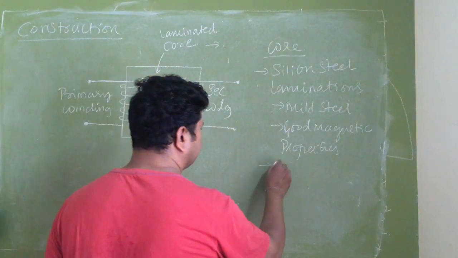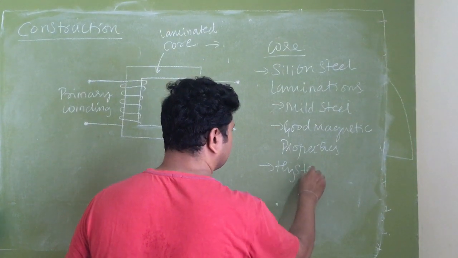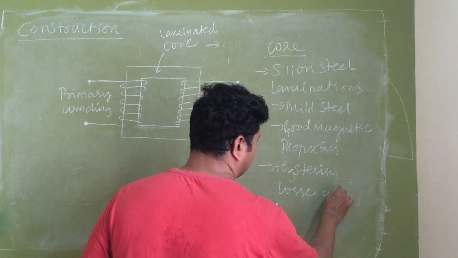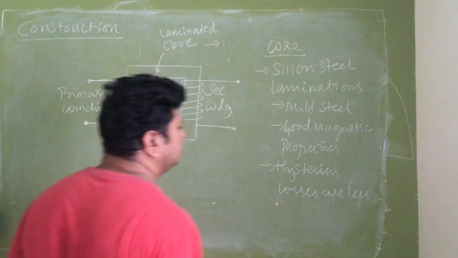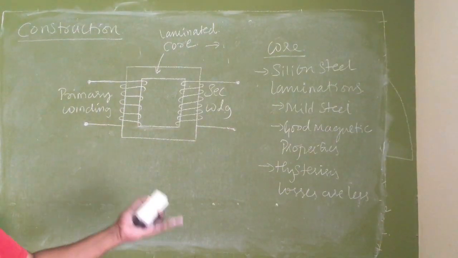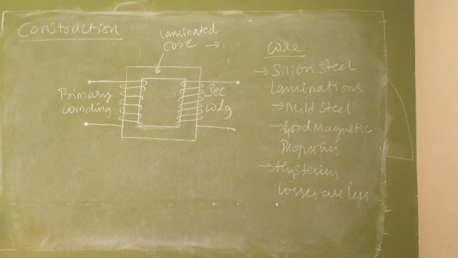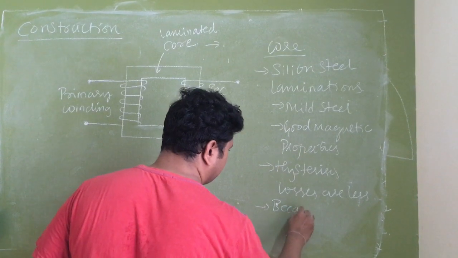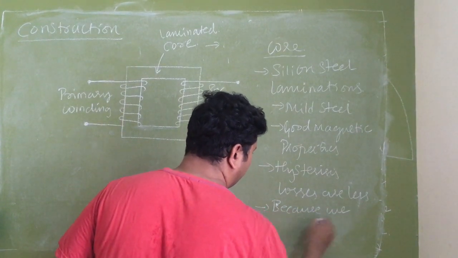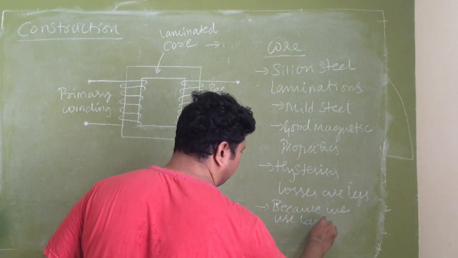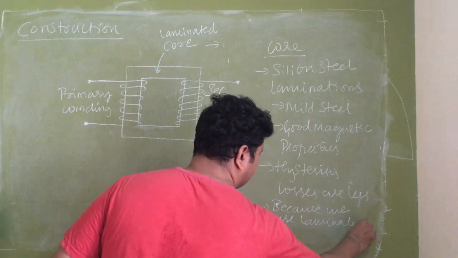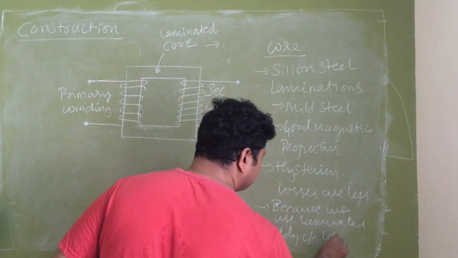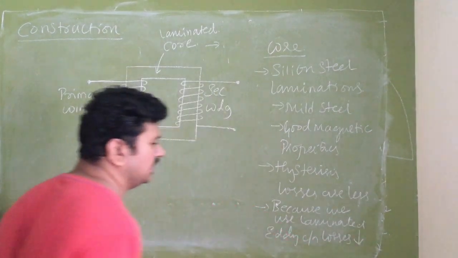Hysteresis losses are less. What is hysteresis loss? We will see. And because we use a laminated core, eddy current losses are also less.